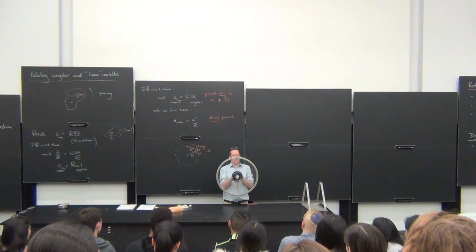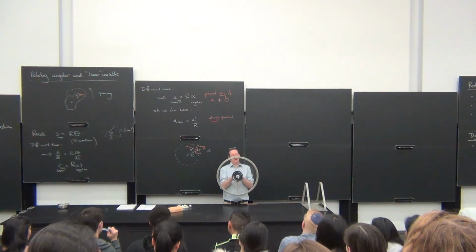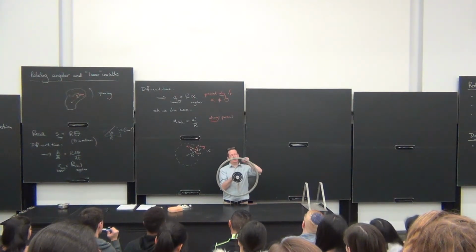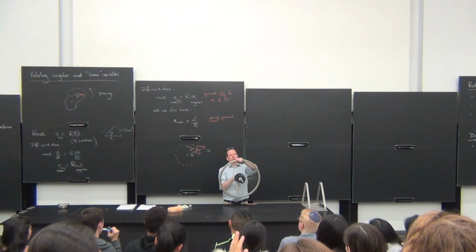But if I look at points at varying radial distances from the center, what can you tell me by simply looking at the expression on the chalkboard? What can you tell me about the tangential speed, the linear speed, as I go out an increasing distance r from the center?